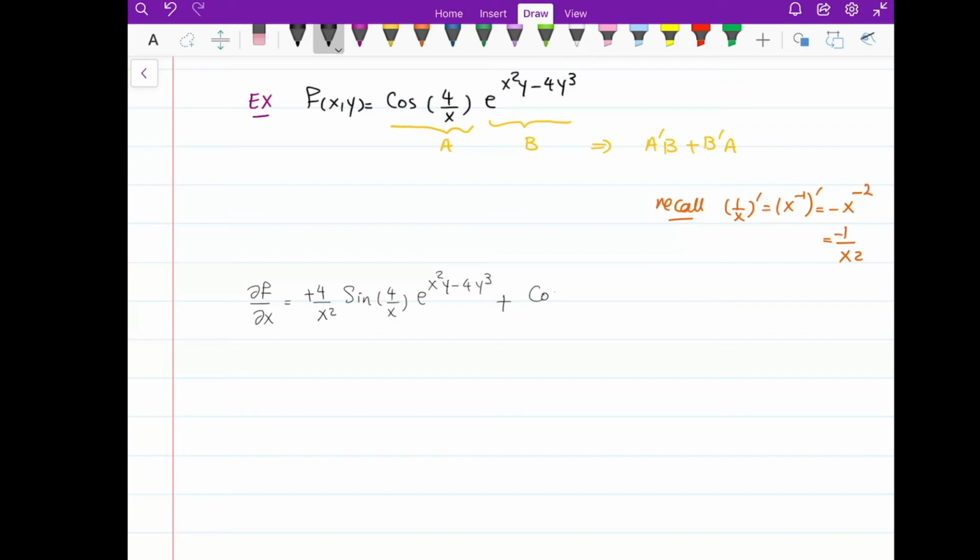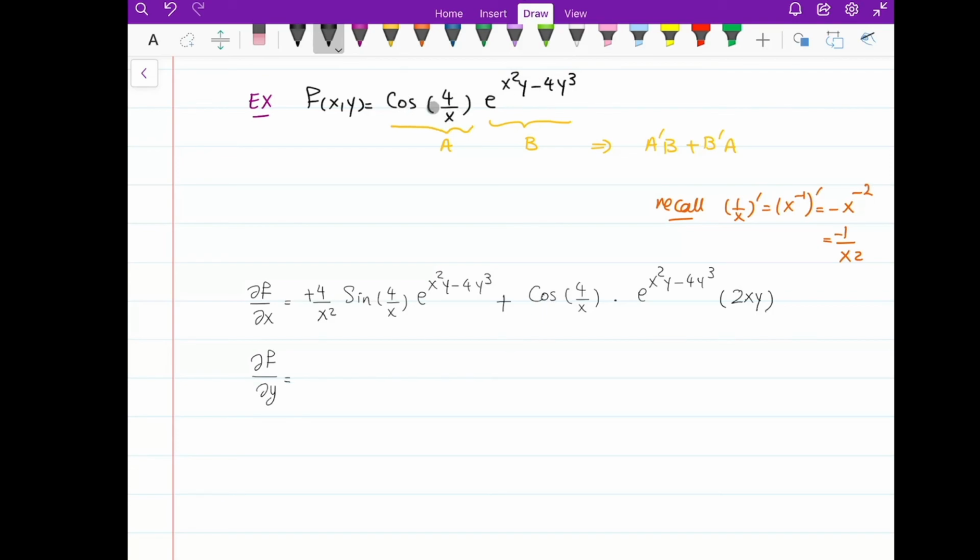So let me write cosine of 4 over x first. I'm going to multiply it by the derivative of this one in here, which would be what? e to the x squared y minus 4y cubed. Now, the derivative of the inside with respect to x would be 2xy, and with respect to x, this other term is constant. Perfect. Now, the partial derivative with respect to y.